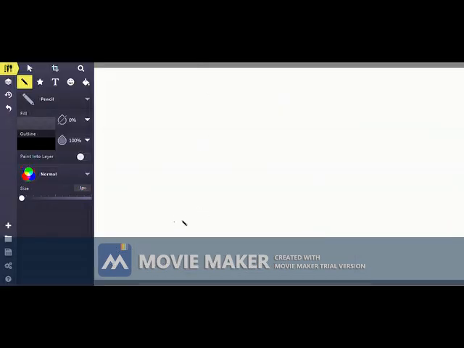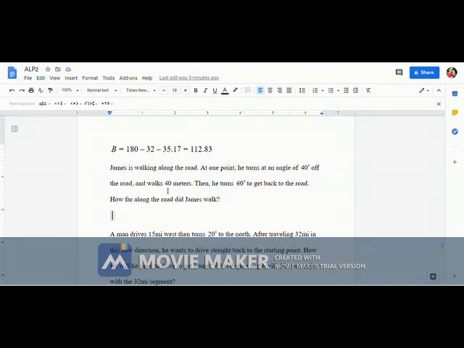So basically, there's a road, and James comes up and takes a 40-degree turn here. He walks 40 meters. And then he turns 60 degrees to get back to the road.